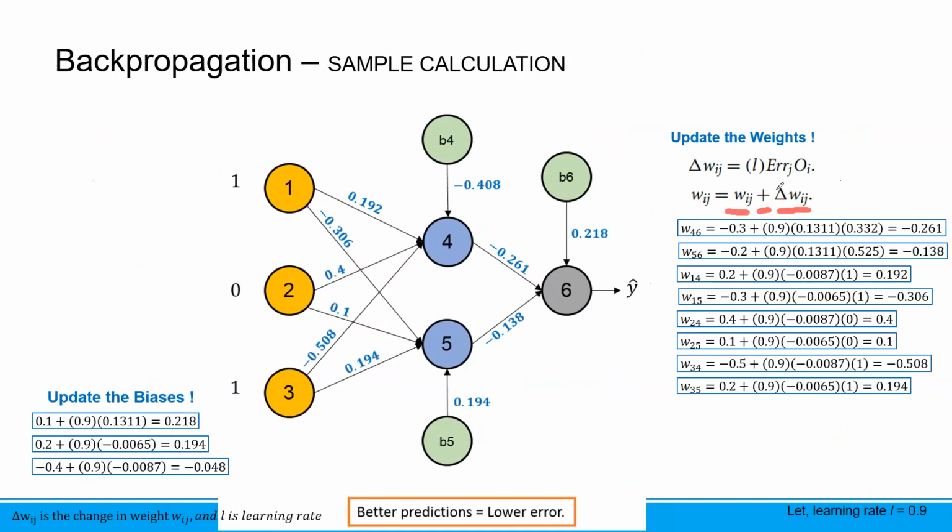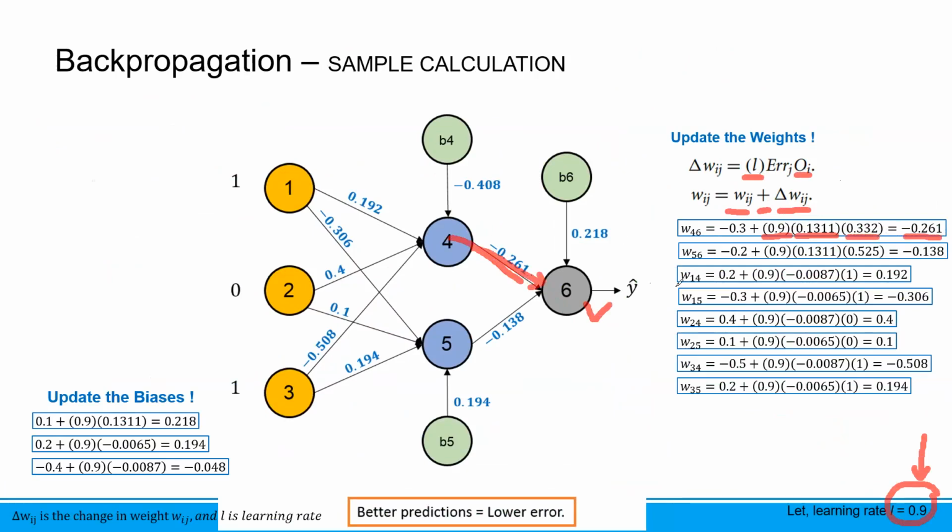The delta Wij is the learning rate, which is 0.9 that I defined here, multiplied by the error of the node in this output, which is 0.1311, multiplied by the output, which is 0.332. So the weight will be this for the new weight of 46.